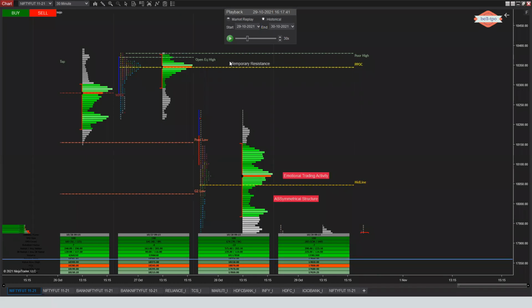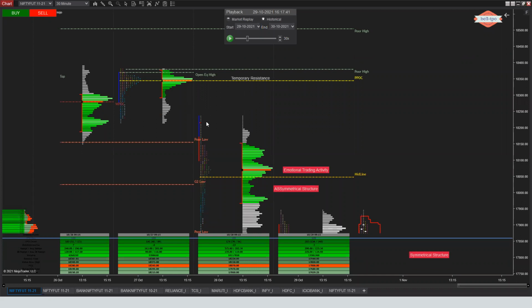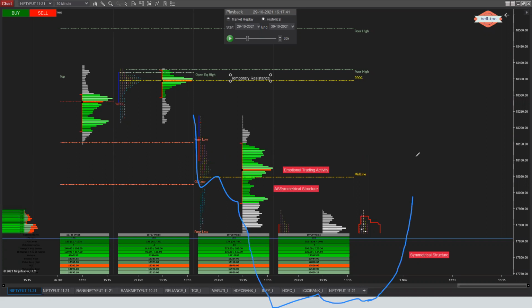Likewise, we have many classifications. One of the reasons I took this particular day, 28th October, we started having a bearish start, a positional bearish start. So this is a temporary resistance. Generally, this kind of resistance plays out over 2 or 3 days in a row, but eventually, max to max, within 7 to 9 trading sessions.